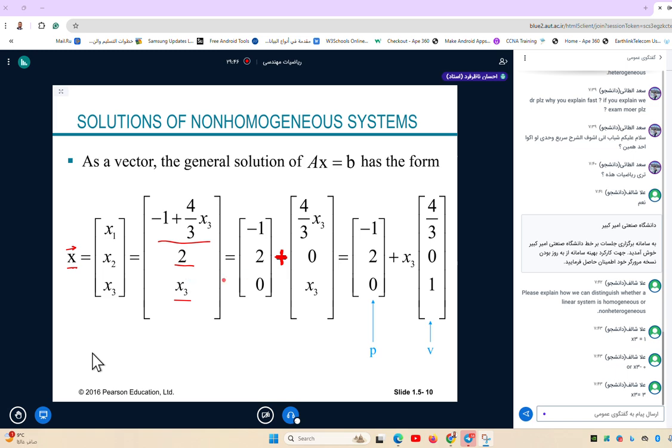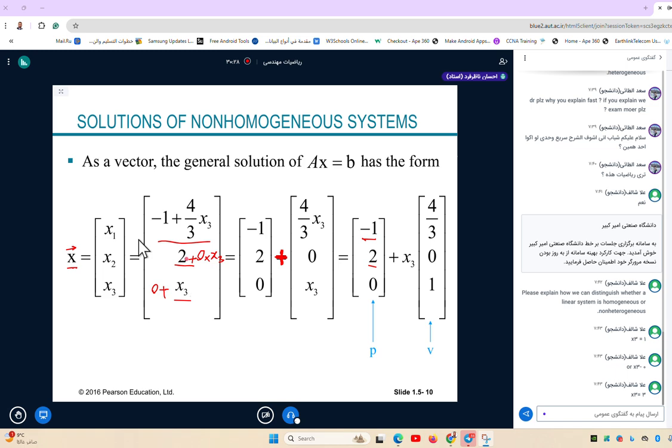So if you factor x3 for this one, so this term has x3 and the first one has x3. So we factor x3, then we have 4 by 3, 0 and 1, plus minus 1, 2, and 0, because this is 0 plus x3 and 2 plus 0 x3.